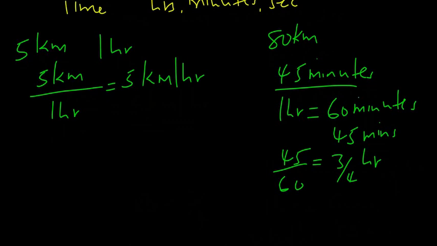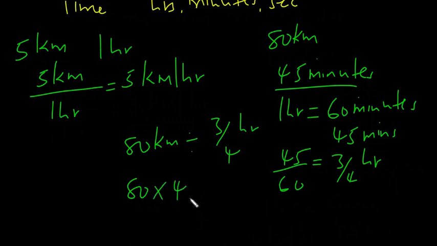So we now have the time in hours and the distance in kilometers, so we can go ahead and divide. We have 80 kilometers divided by 3/4 of an hour. So this will be 80 times 4 all over 3, and this is going to give us 106 2/3 kilometers per hour.